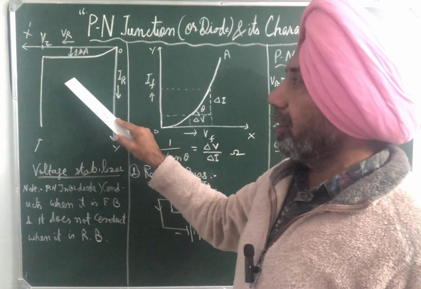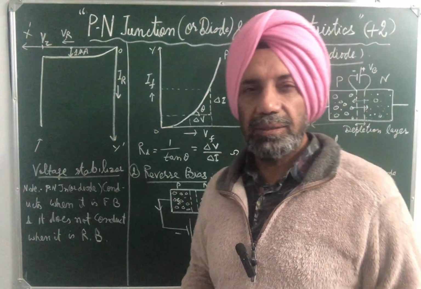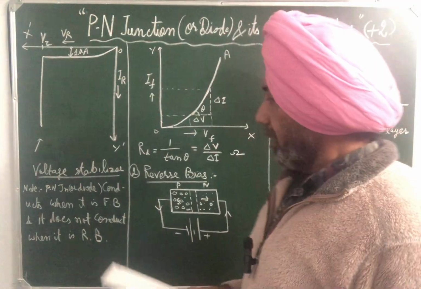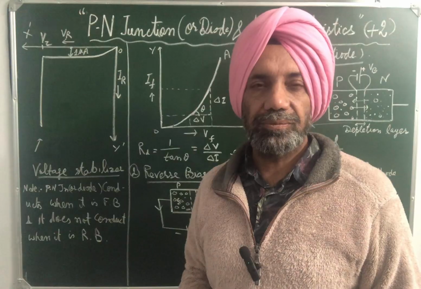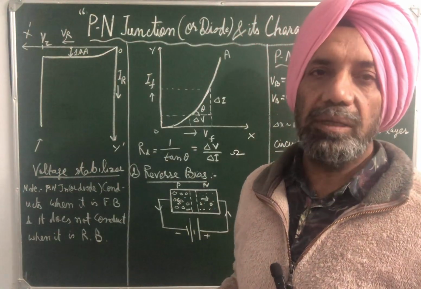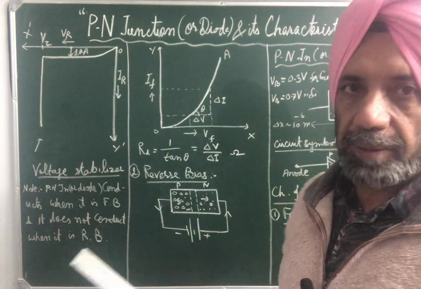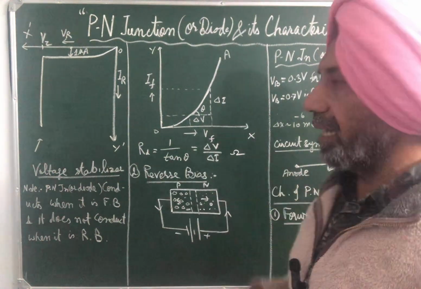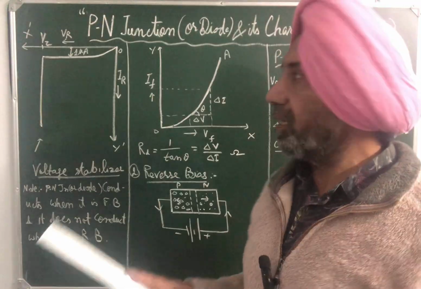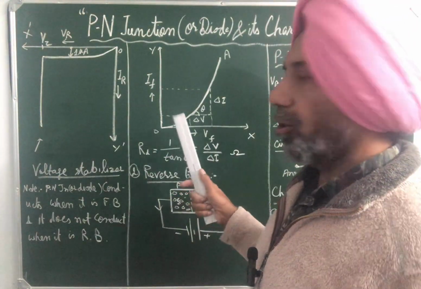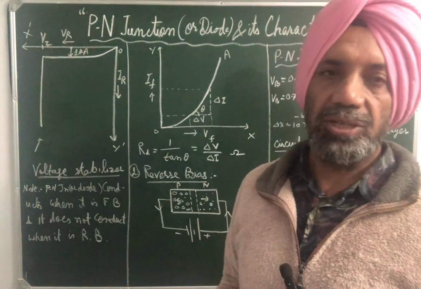So during reverse bias, you can say the PN junction offers infinite resistance. That's why current is negligible. It doesn't conduct, we can say. During forward bias, it offers less resistance, so current increases rapidly with the increase of voltage beyond a certain limit called the potential barrier.